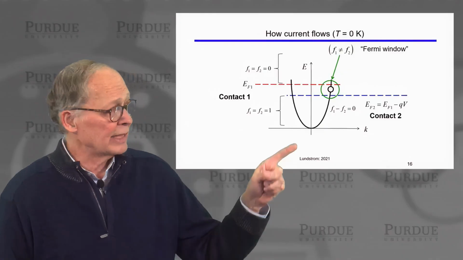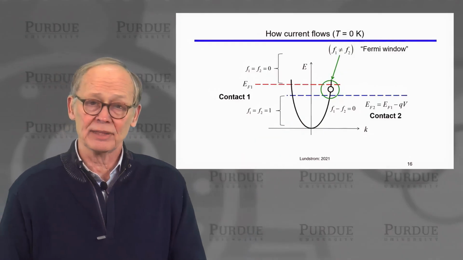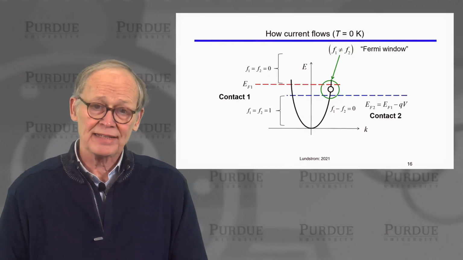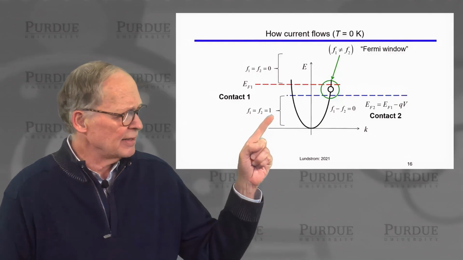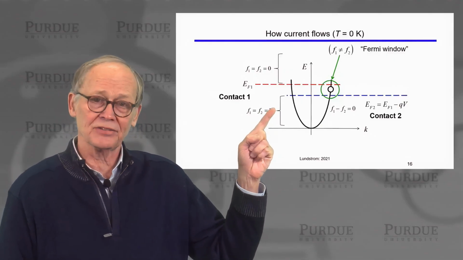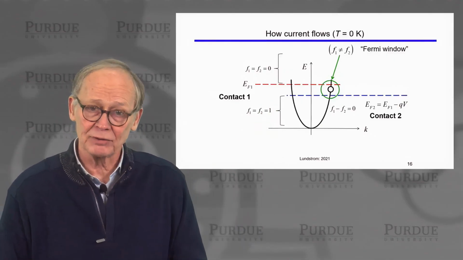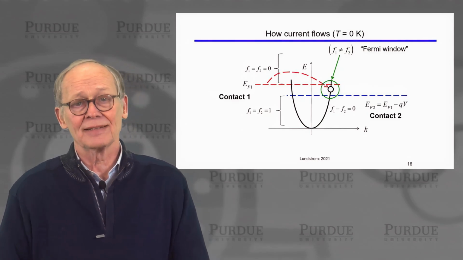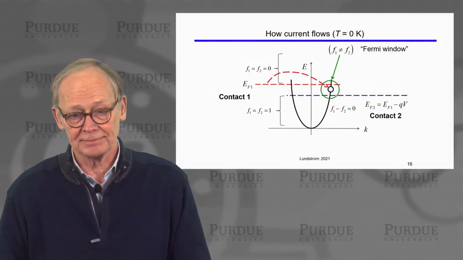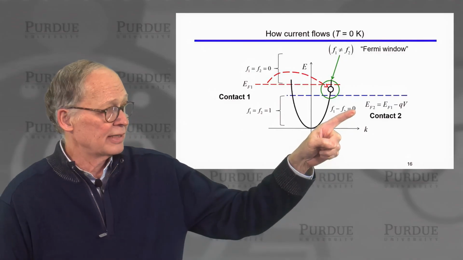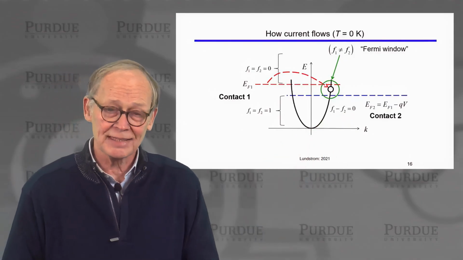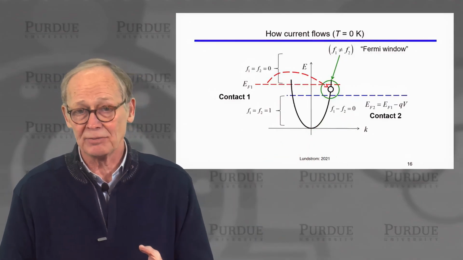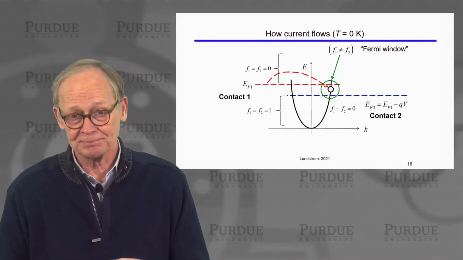So if we look at a state between the 2 Fermi levels, well, if that state is empty, then contact 1 looks at that state and says, that's below my Fermi level. That state should be filled. So the first contact will send an electron in to fill that state. Well, then contact 2 looks at that state and says, that state is above my Fermi level. It should be empty.